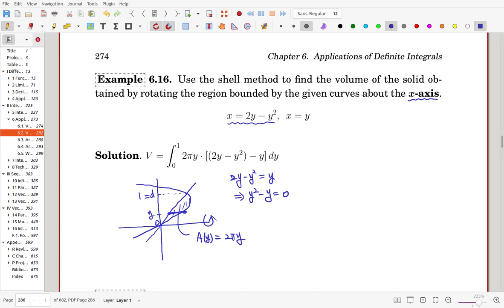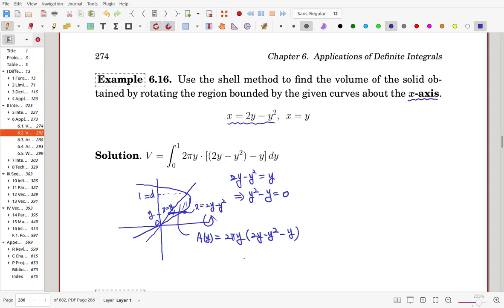This x is 2y minus y squared, and that is now y, so minus y.